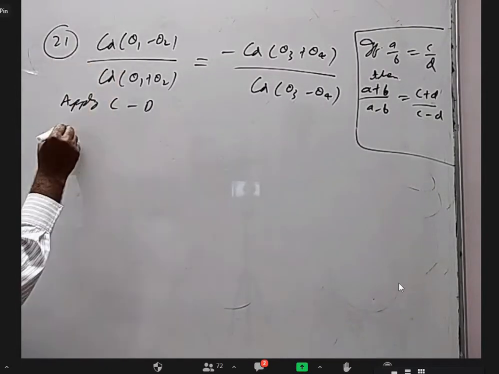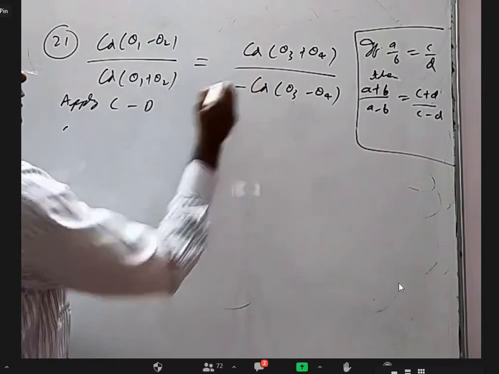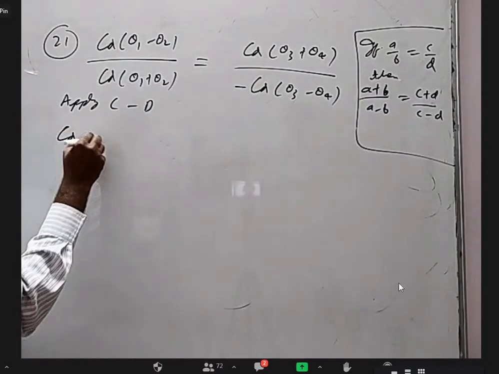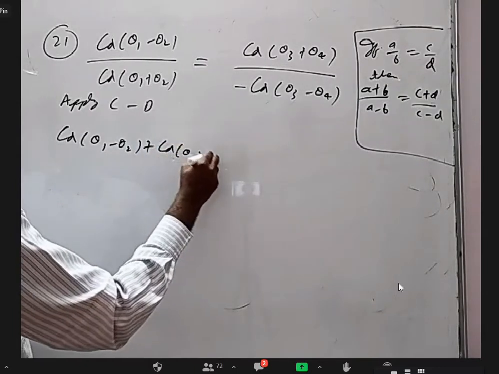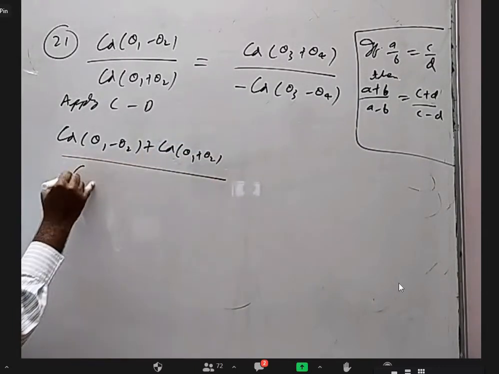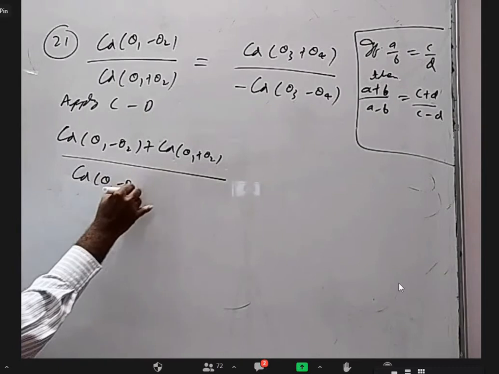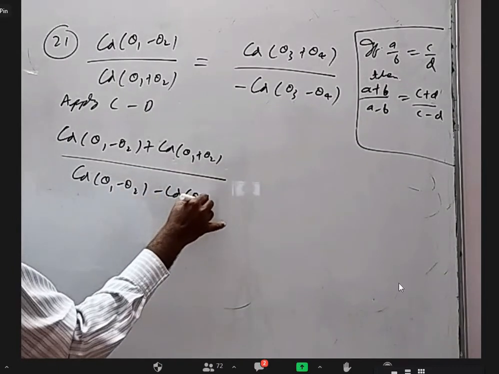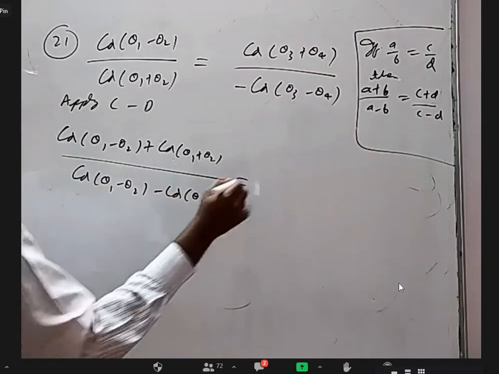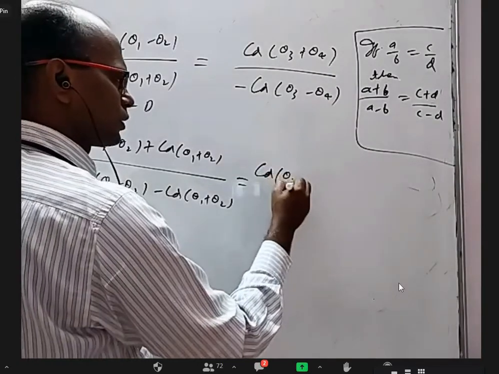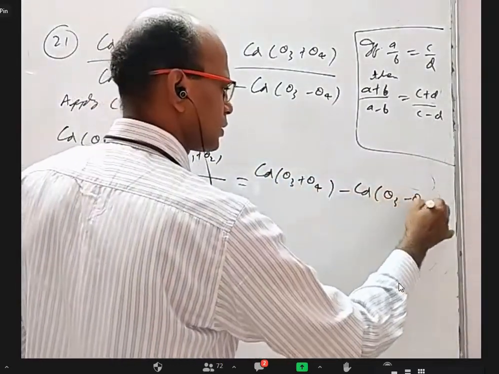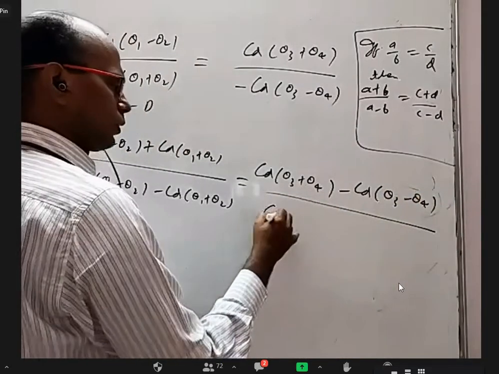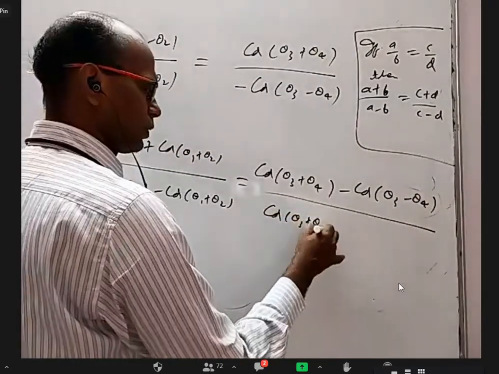Numerator plus denominator, and this minus I want to put it here. Cos theta 1 minus theta 2 plus cos theta 1 plus theta 2 by cos theta 1 minus theta 2 minus cos theta 1 plus theta 2. Here cos theta 3 plus theta 4 minus cos theta 3 minus theta 4 by cos theta 3 plus theta 4.